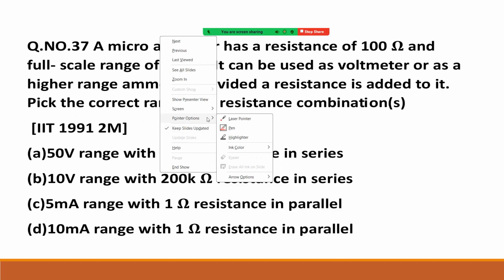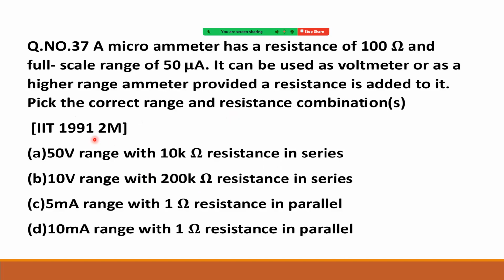This is a previous year question, asked in 1991 for 2 marks. A micro ammeter has a resistance of 1000 and a full scale range of 50 microampere. Micro means 10 power minus 6, right?